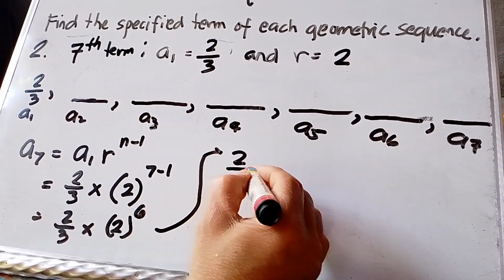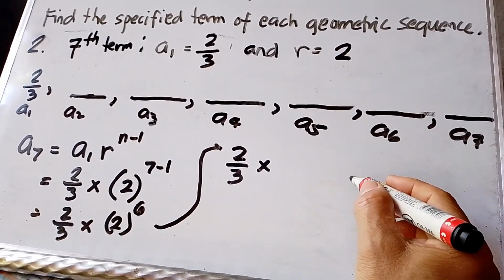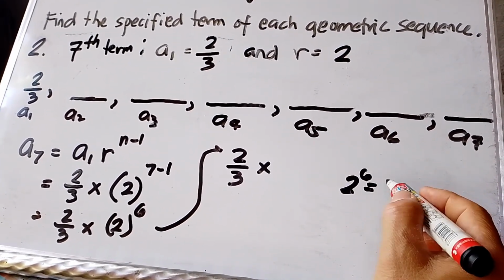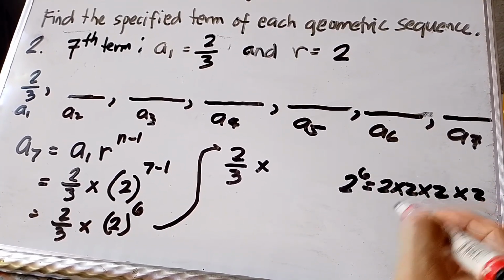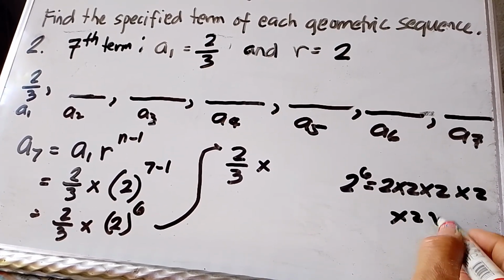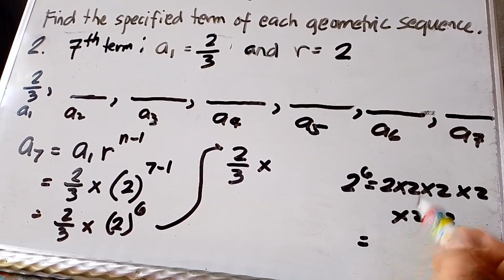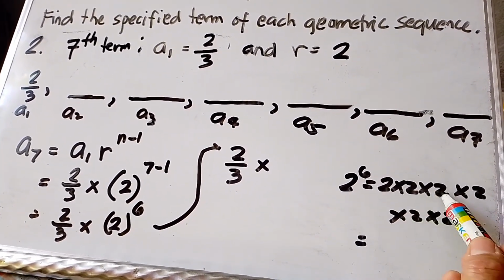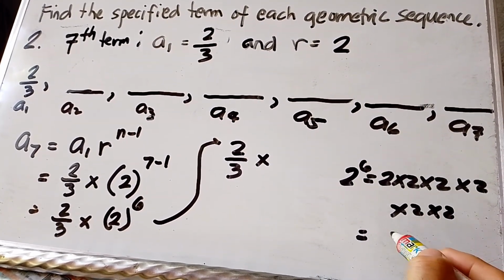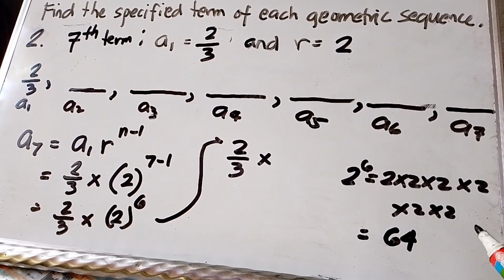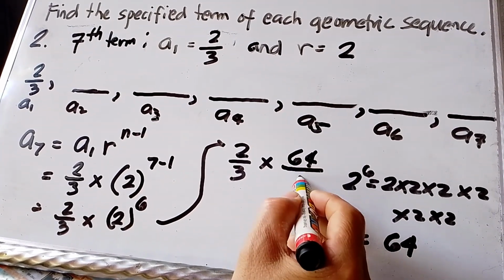So what is 2/3 times 2 to the power of 6? So 2 to the power of 6 means 2 times 2 times 2 times 2 times 2 times 2. Let me count. 1, 2, 3, 4, 5, 6. So 2 times 2 is 4. Times 2 is 8. Times 2, 16. Times 2, 32. Times 2 is equal to 64. So this will be multiplied by 64, and then I need to put 1 in the denominator.